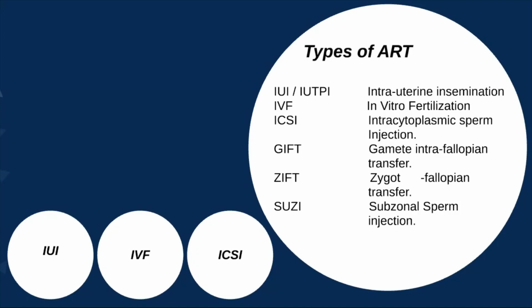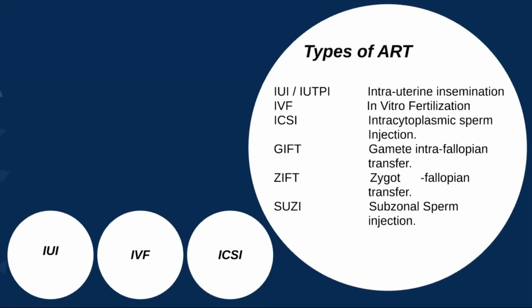There are certain other technologies which are old and not in practice now. Just for academic purposes, I am mentioning their names. One is GIFT, gamete intrafallopian transfer, in which the sperm and the ova or eggs are transferred into the fallopian tubes with the help of a laparoscope. ZIFT is zygote intrafallopian transfer, where the fertilized embryo is transferred into the fallopian tubes.